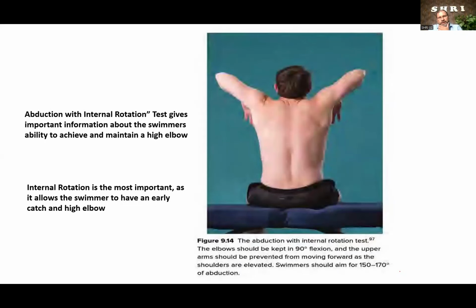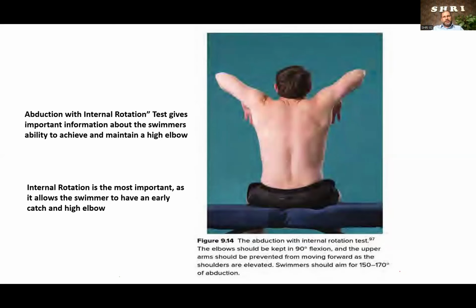This is very important when we do examination of swimmers. We see whether the athlete swimmer can maintain a high elbow. There you can see the athlete is seated on an examination bed, and he has abducted his upper limb. Then there's an internal rotation, right?